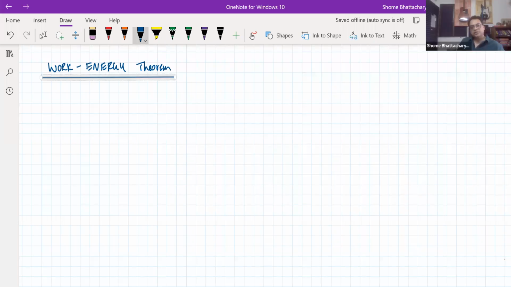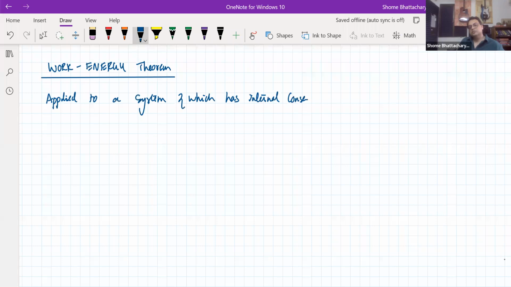So this is applied to a system which has internal conservative forces. So we'll see examples also to understand this.